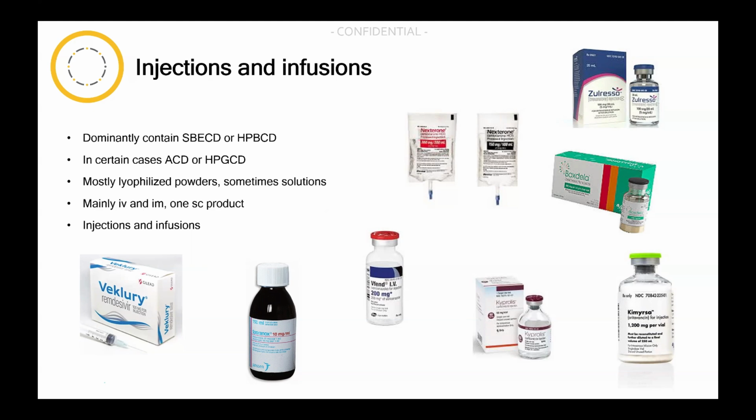However, there are some intramuscular and subcutaneous products. There is one subcutaneous product, I don't remember the name, but it's very important to note that because of using a high amount of cyclodextrin, the subcutaneous formulations are limited because they are low volume.